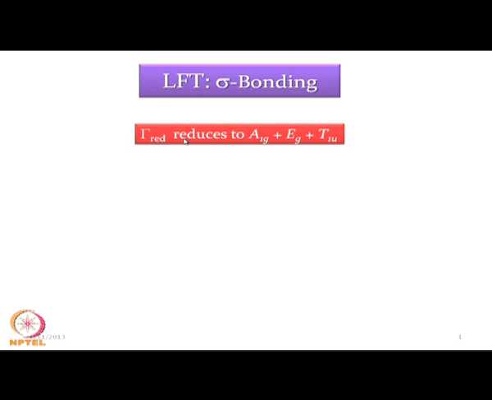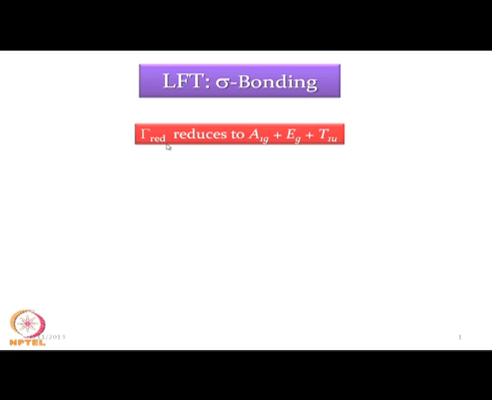So, in our previous class we have seen that from group theoretical notation, if we have the corresponding character table for the octahedral symmetry, we can get the corresponding gamma sigma, that means the corresponding reducible representation for the sigma bonding, and this reducible representation can be reduced to 3 symmetry terms, which are A1g, Eg and T1u terms in an octahedral symmetry.